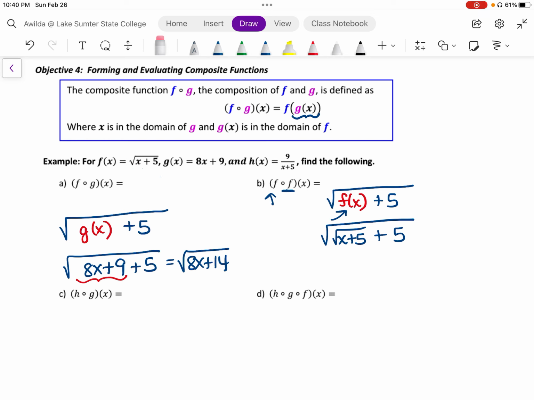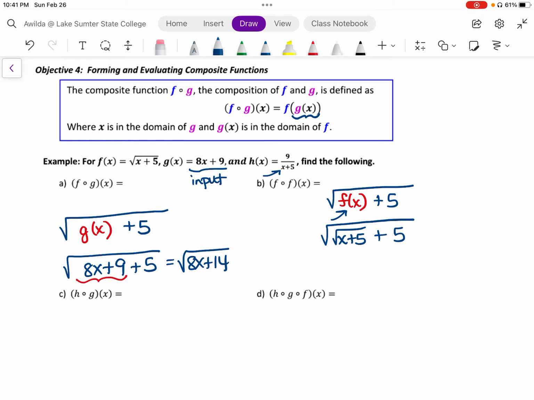Let me erase what I wrote here. That means that g of x is going to be our new input, and we're going to substitute that in where we see x in h. So let's write the rule for h.